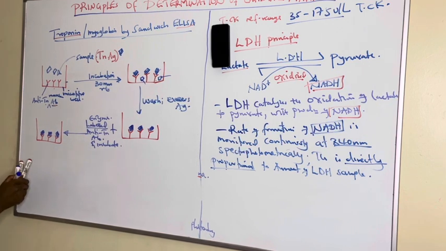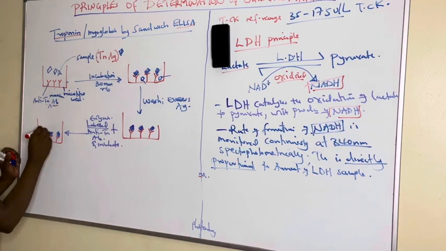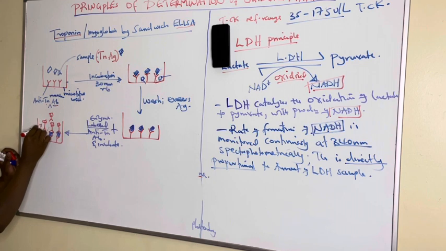And we have added enzyme linked monoclonal anti-troponin antibody. They come and bind, but they are added in excess. So some will not get where to bind, and those are the excess.